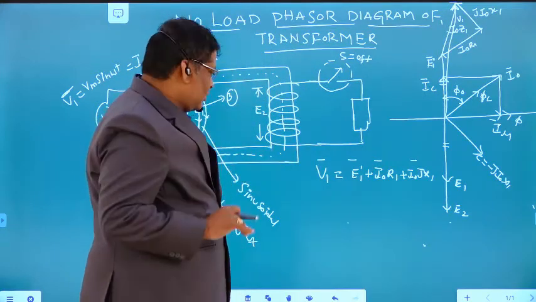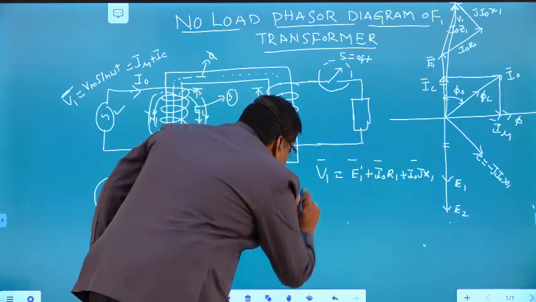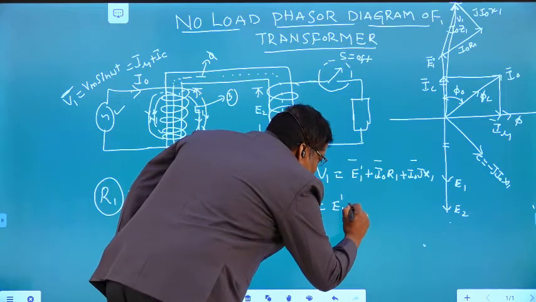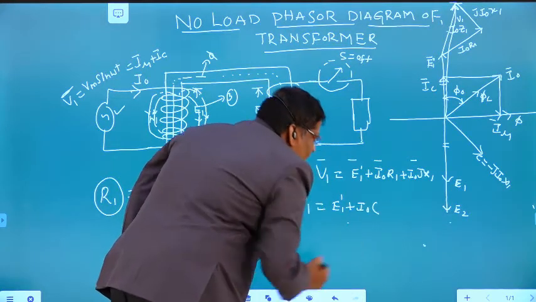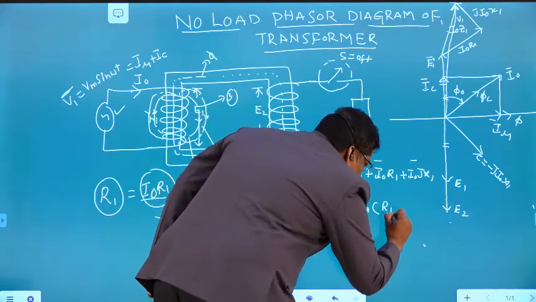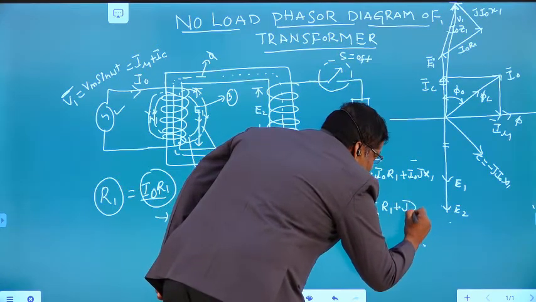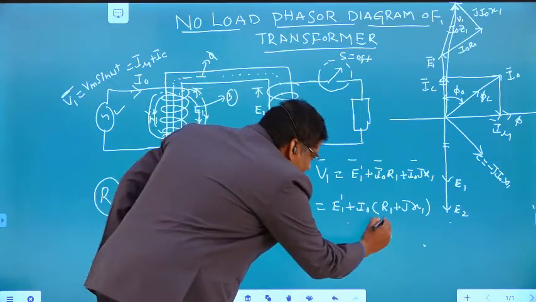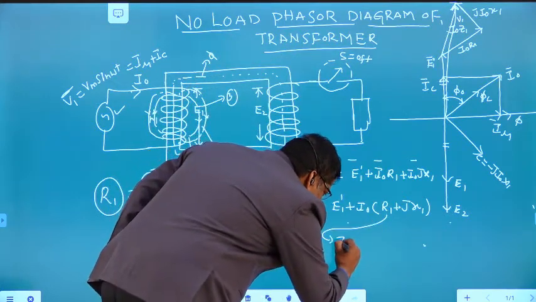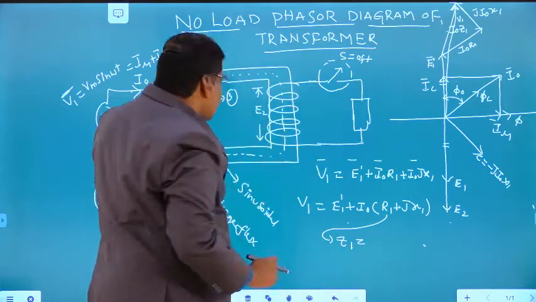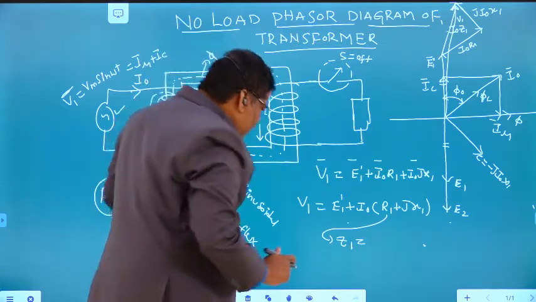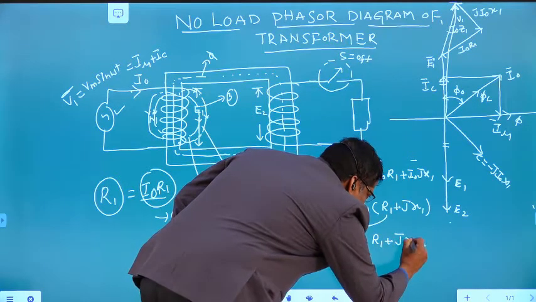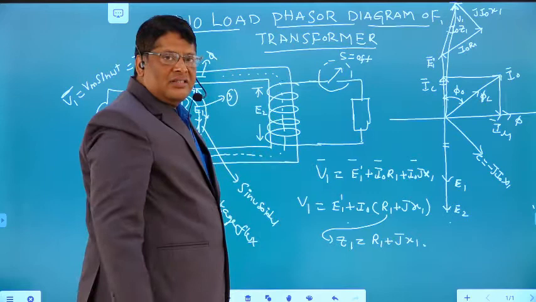Nothing but sinusoidal quantities. Now here, if you rewrite this equation, V1 equal to E1 dash plus I naught, taking the common, R1 plus j X1. This R1 plus j X1 is nothing but Z1, the impedance of the primary winding, Z1 equal to R1 plus j X1.